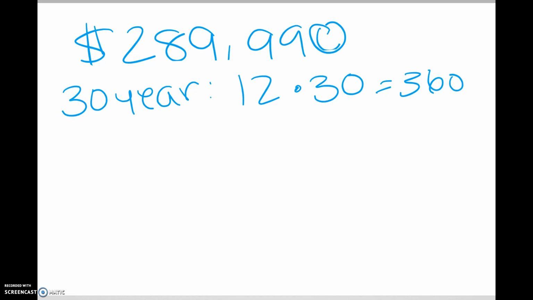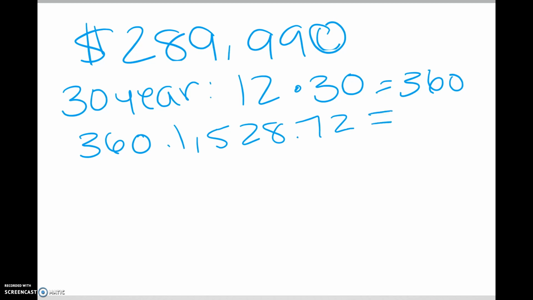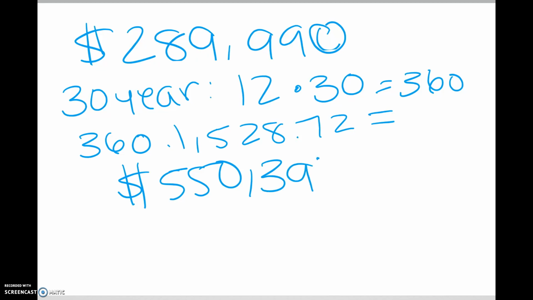And then we multiply that with our monthly payment of our 30-year loan, which is $1,528.72. So we get a total of $550,339.20.